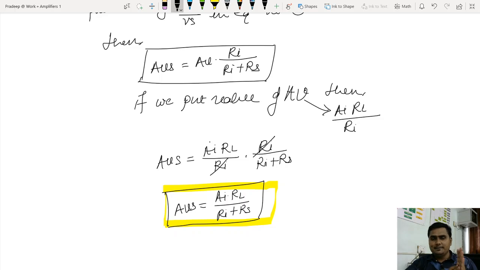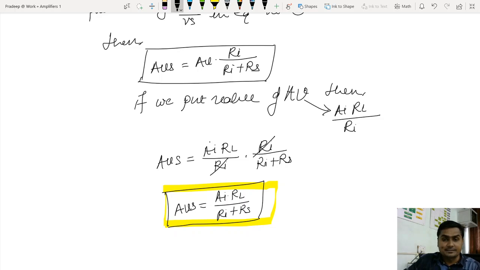One is current gain, and in the current gain itself, we have studied current gain without consideration of input source and with consideration of input source. Then we have finished with input impedance. Then we started with voltage gain, that is voltage gain without consideration of Vs and voltage gain with consideration of Vs.